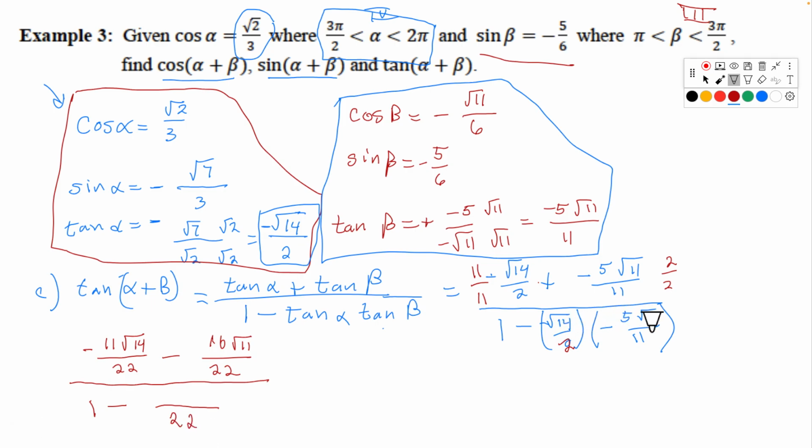Square root of 14 times 5 square root of 11. What's 14 times 11? That's 154. So that's 5 square root of 154.